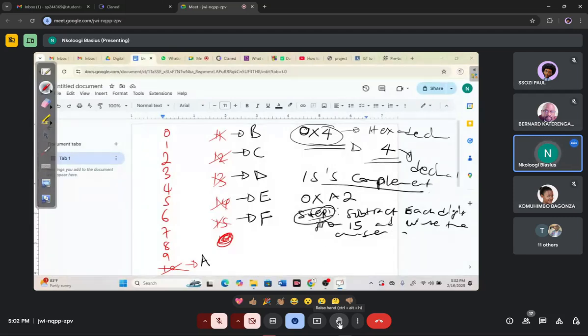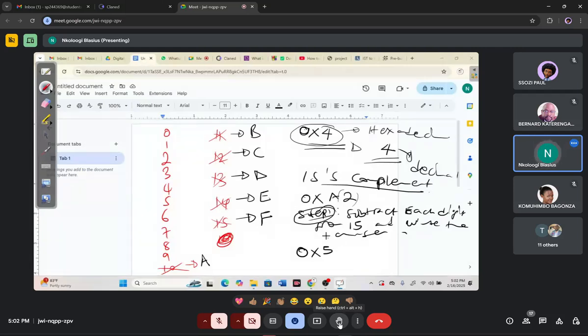So in this case here, I would say 0x, just to show that this is a hexadecimal number. A is 10, so 15 minus 10 will be 5. Then you have 2. 15 minus 2 is 13.